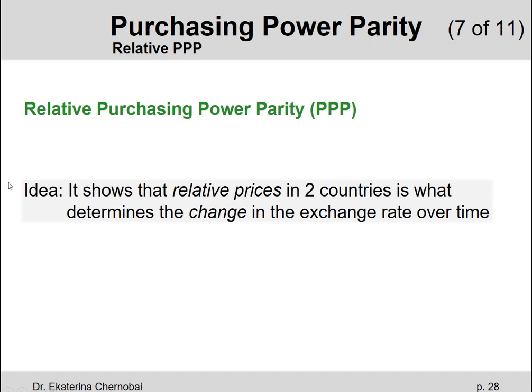Let's look at what the relative purchasing power parity means. Just like the absolute purchasing power parity, the relative purchasing power parity connects exchange rates and prices in two different countries, except it doesn't look at a specific commodity, let's say a Big Mac or a Dell laptop. It looks at the general overall price level in this country and in some other country.